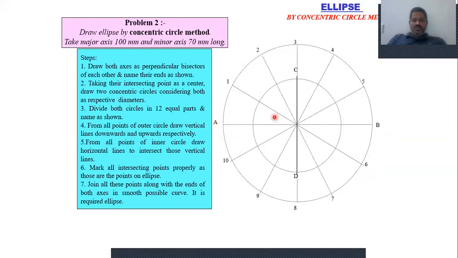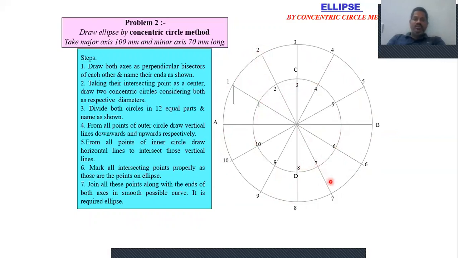After dividing the circles into 12 equal divisions, name those points 1 to 12. Then in the inner circle also, indicate all the points where the divisions occur.